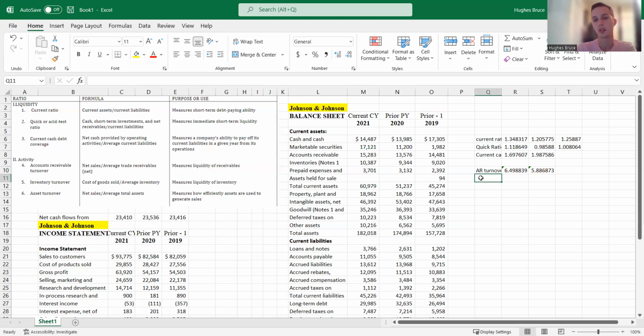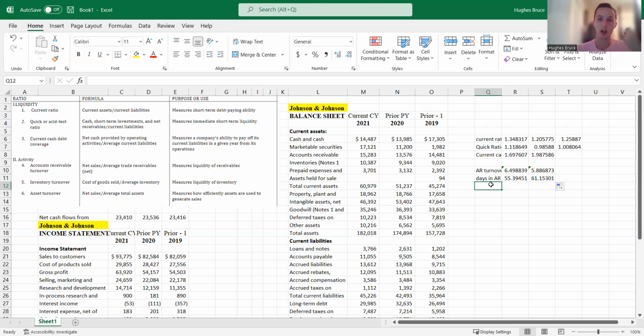And with that, you can then calculate how many days it takes them to go through their accounts receivable. For that, we would just do 360 divided by the turnover ratio. And then this would tell us how many days it typically takes the company to go through their accounts receivable.